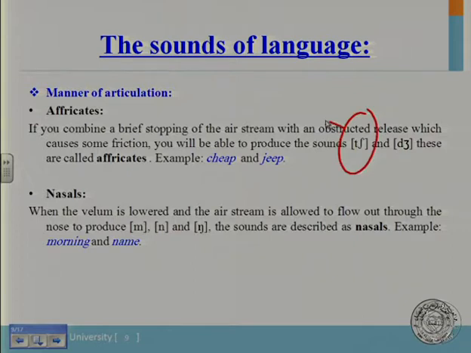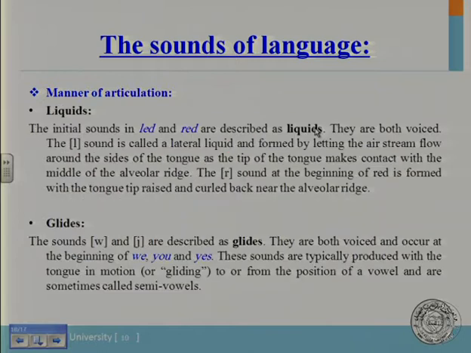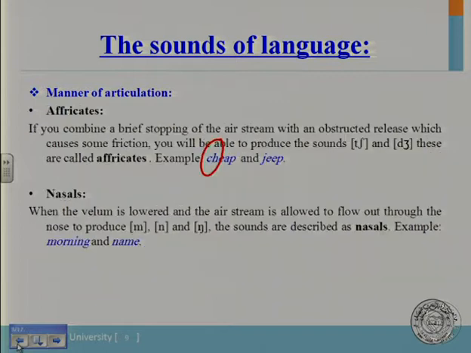We have two examples here of these two sounds. We have ch, this is the first example, as in cheap. And also we have j for jeep. You can feel the sound d before j.